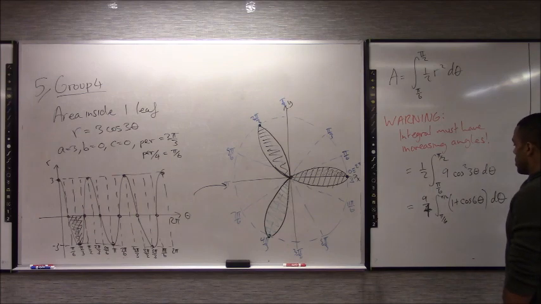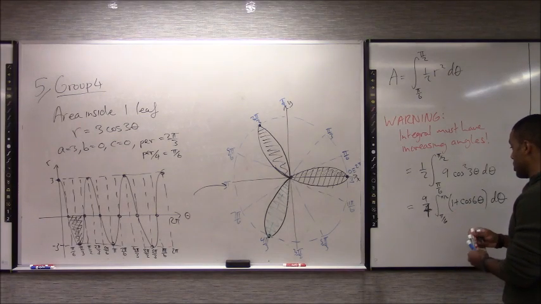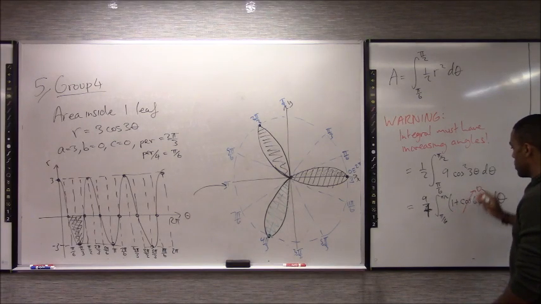Now, this part here is actually going to go to 0 because the period of this is pi over 3, and we are integrating over a length of pi over 3. So you can actually know that this was going to go to 0.